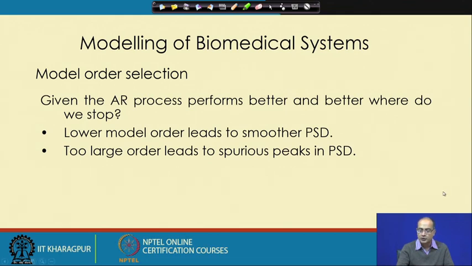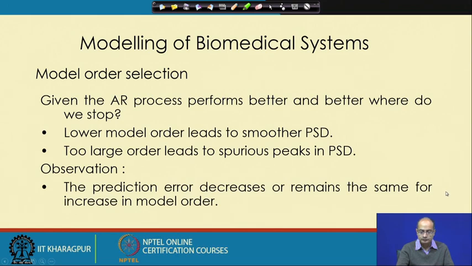So, increasing the model order, what is it doing? It is trying to overfit the signal. Though it is reducing the error and matching more and more to the given signal, it is not giving us more new information about the underlying process, rather it is suffering from overfitting. So, we need to find a way.